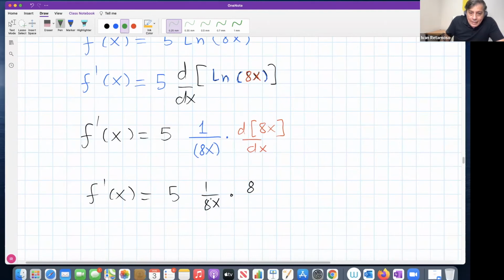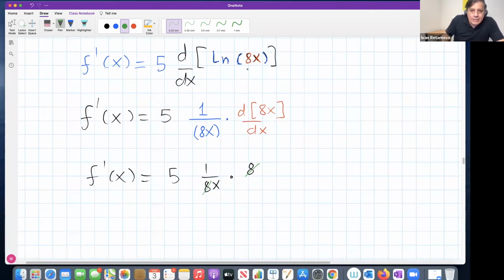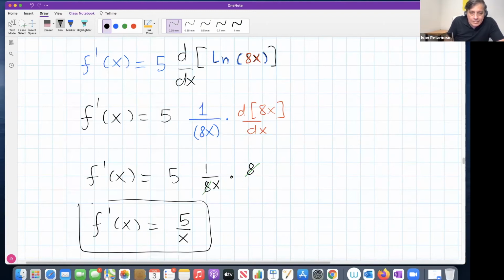Look, the 8 here cancels with this 8, so 1 over x stays there. It turns out the 8 really doesn't matter. It could be any number, they're going to cancel. So the derivative here will be equal to 5 times 1 is 5 over x. So final answer.